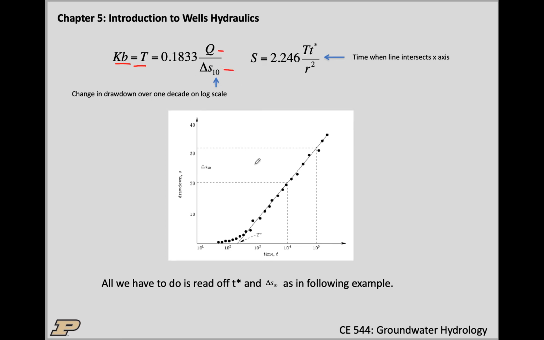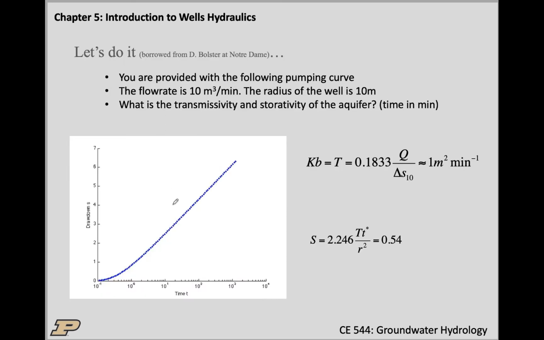Now what this is: you take a decade on your x-axis, so 1 log in time, and look at what the drawdown change is over that 1 log in time. Here that would be 12, 13 or whatever in this specific example.